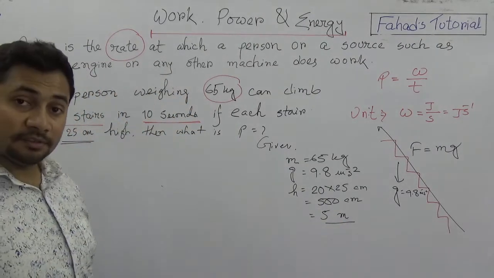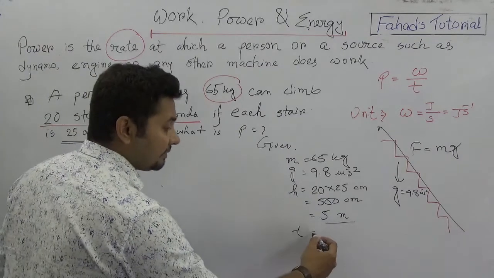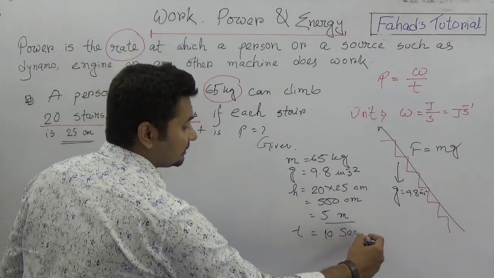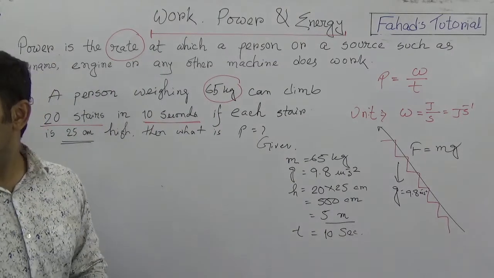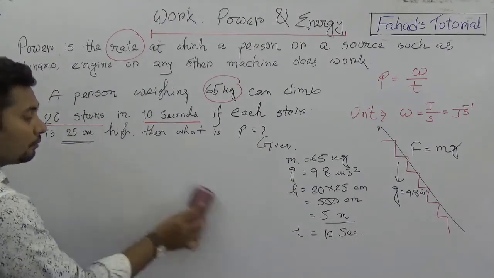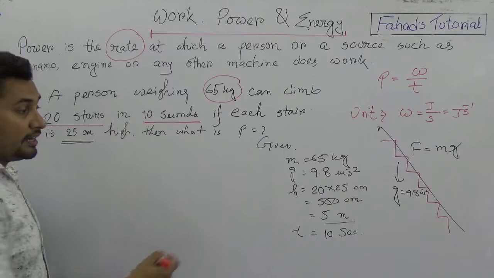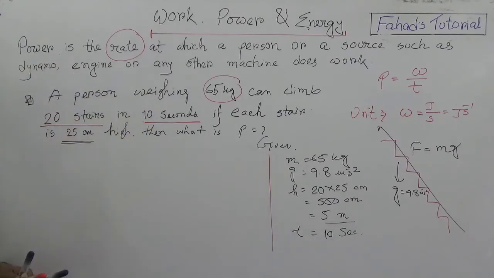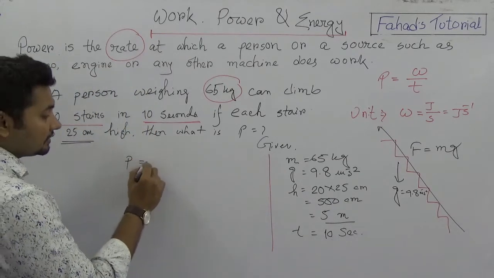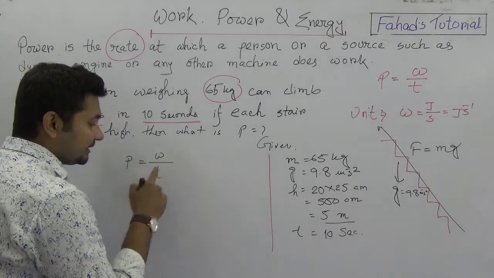So we have that amount of data, and also the time is given, that is 10 seconds. If 10 seconds is given, then how can we use this data? The power is equal to work by time.